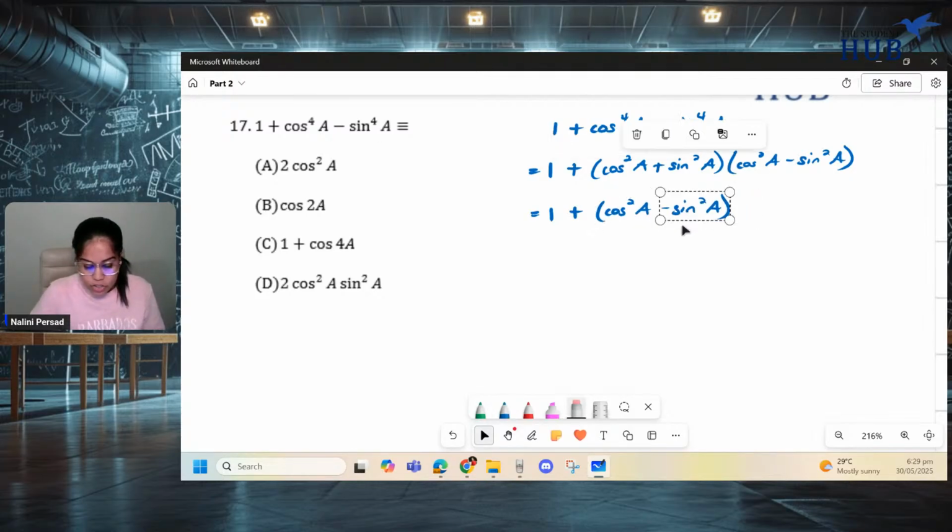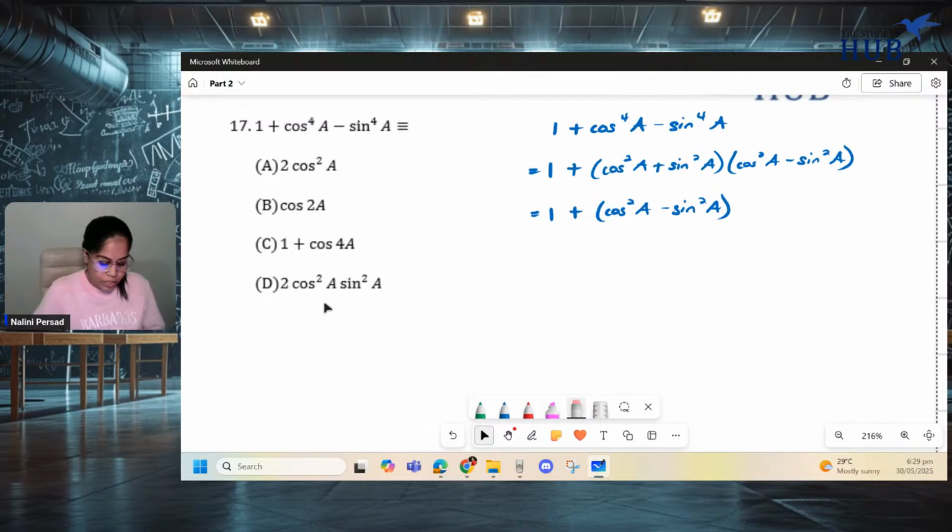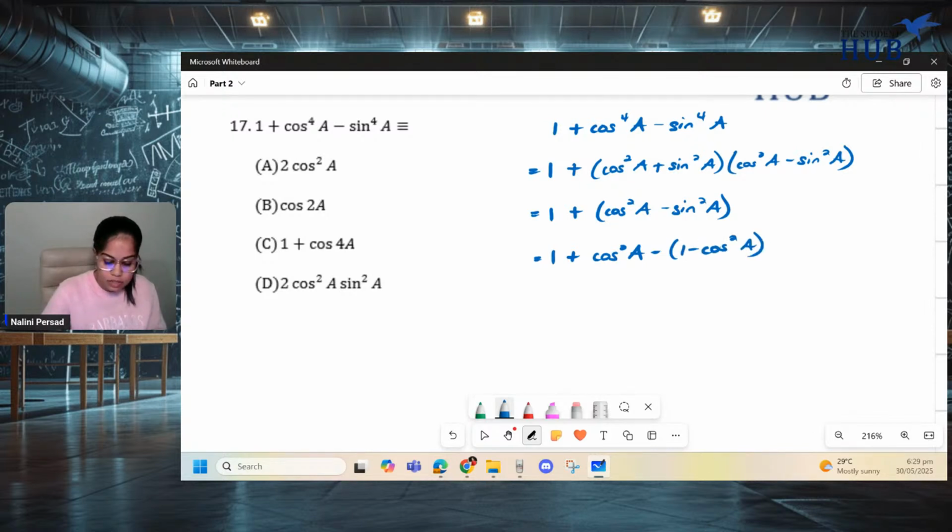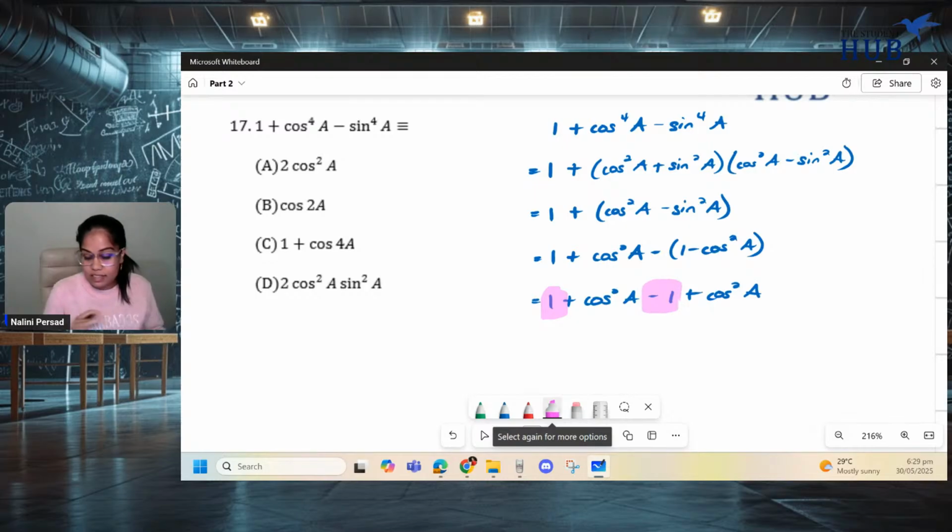Looking at your answer choices, we could start to make a substitution for sine squared A. Sine squared A, everyone, is 1 minus cos squared A, right? So if I expand, I get minus 1 plus cos squared. 1 minus 1 is 0.